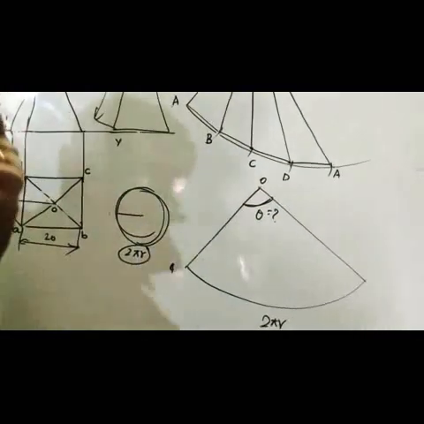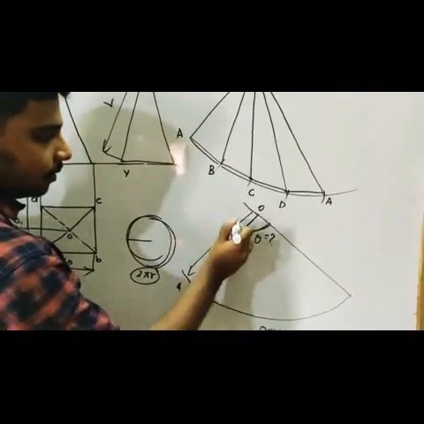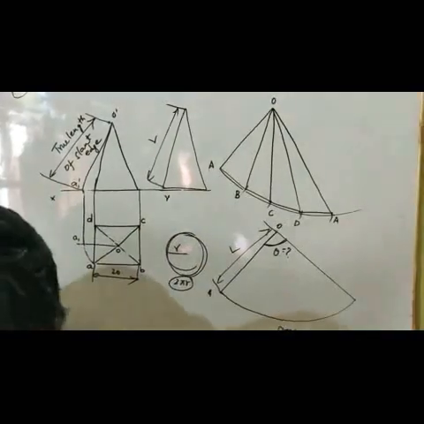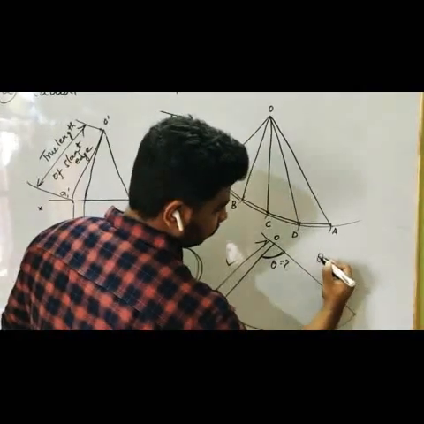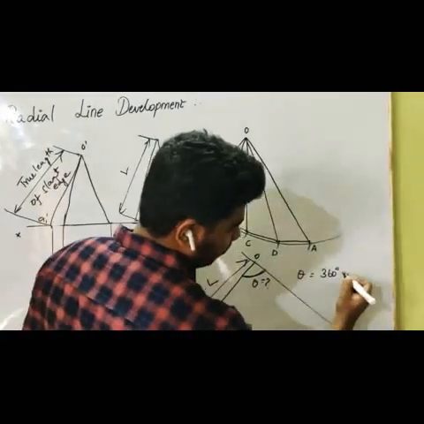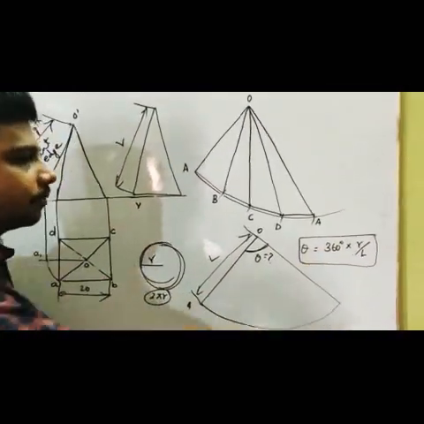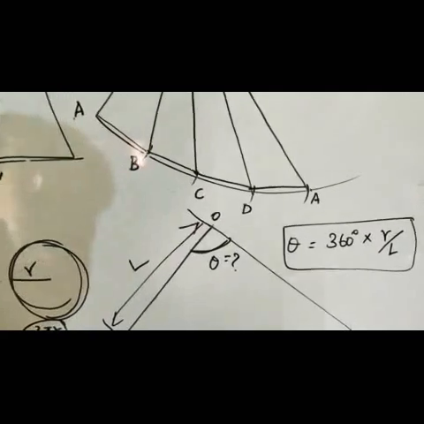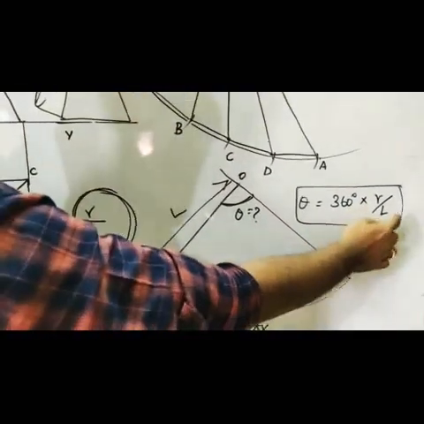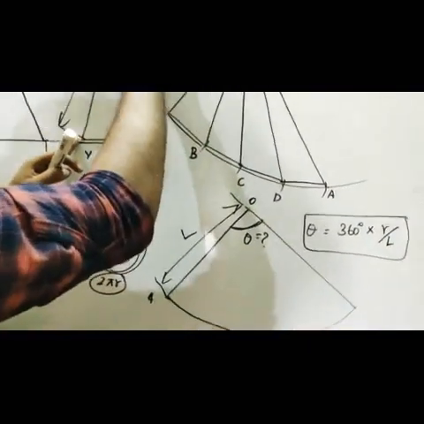The formula for finding this angle: this is your L, and this is your R for the cone, and the theta is equal to 360 degrees into R by L. By using this formula, you can find the angle of the development of the cone. So theta is equal to 360 into R by L.